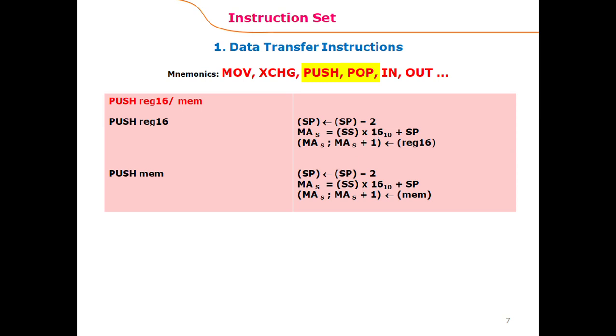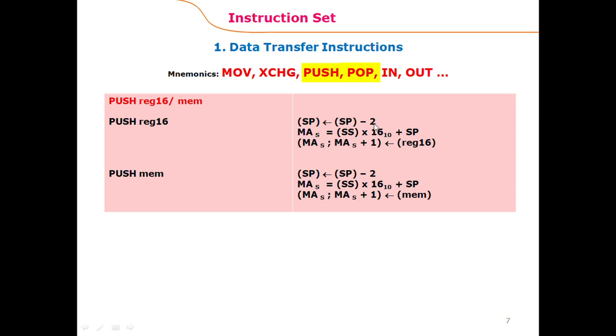To get to a specific location inside the stack segment, the 16-bit offset in the updated stack pointer is added to the starting address of the stack segment, giving the memory address inside the stack segment.